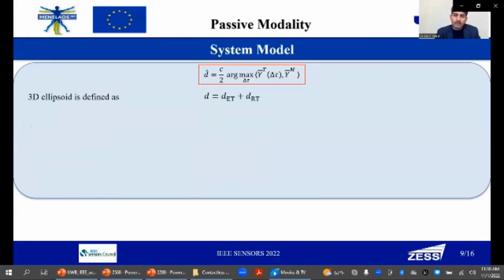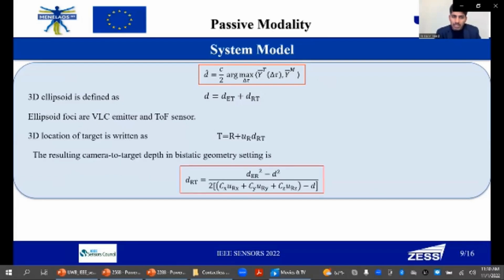The bistatic geometry can be defined by a 3D loop side, which depends on two distances: between the emitter and the target, and between the receiver and the target. The loop's foci are basically the VLC emitter and the ToF sensor. From there, you can see that the 3D location of the target can be defined by this equation, where R is the 3D location of the receiver, UR is a unit vector, and DRT is the distance between the receiver and the target.